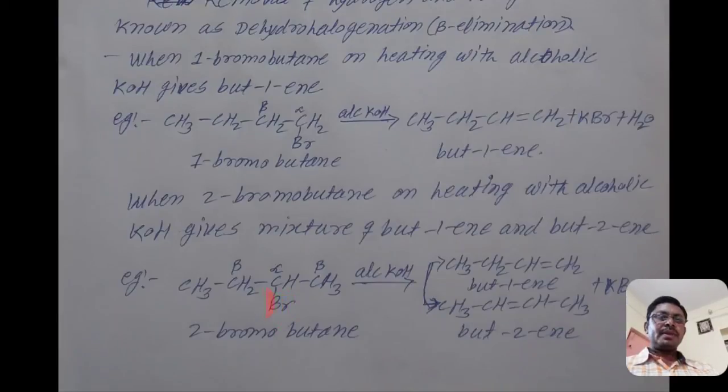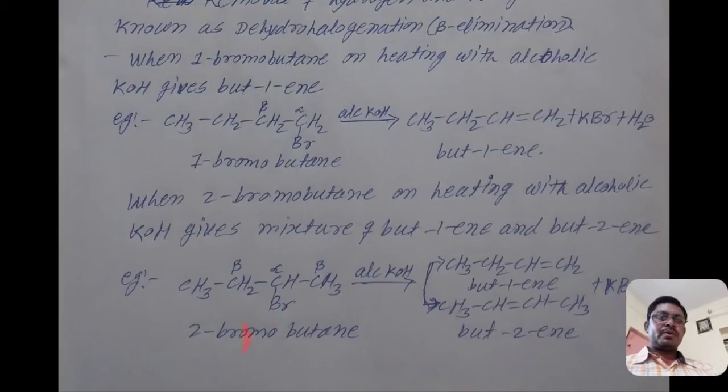There are 2 beta hydrogen atoms, the adjacent 2 hydrogen atoms, so we get a mixture of products.